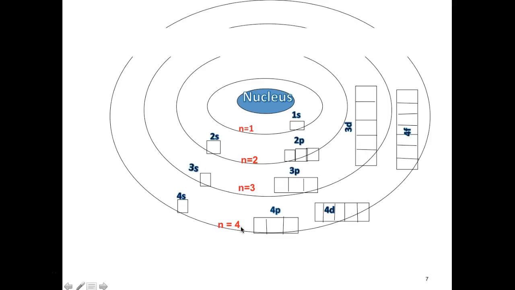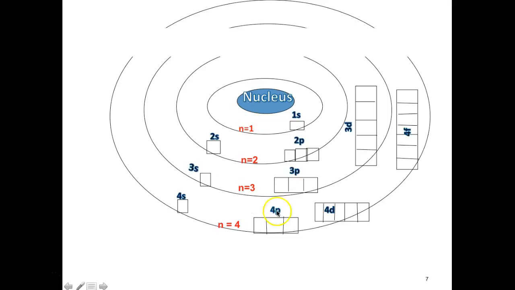Okay, now these numbers are not by accident. N equals 1 holds 2 electrons, all right? Period 1 has 2 elements, hydrogen and helium. N equals 2 has a total of 8 electrons, all right? That corresponds closely with periods 2 and 3 in the periodic table, which have 8 elements. And then n equals 3 has 18 electrons.